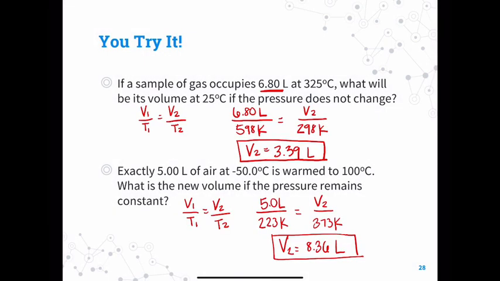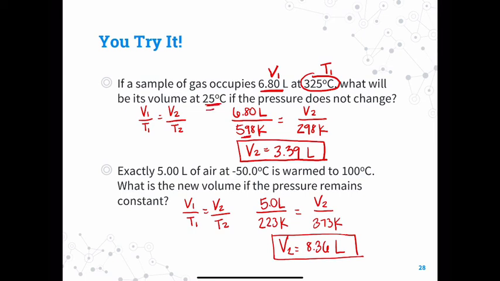So let's take a look at these together. So the first one you should have got 3.39 liters. We were solving for V2. We plugged this in as our volume 1, the 6.8. Okay, we had to convert this to Kelvin, and so that was our temperature 1, and that was 598 Kelvin.